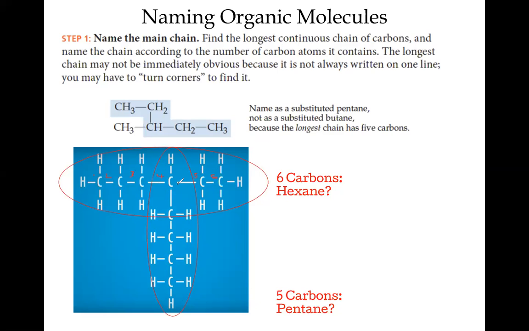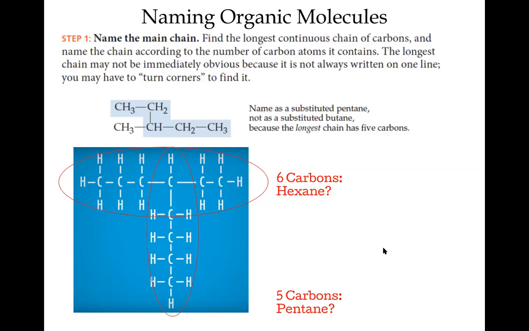And if we count the ones going vertically, that's 1, 2, 3, 4, 5. Okay. So clearly it's got to be a hexane, right? Because 6 is longer than 5. So we would say that this is a hexane, right? Wrong. Because neither one of these is the longest chain.